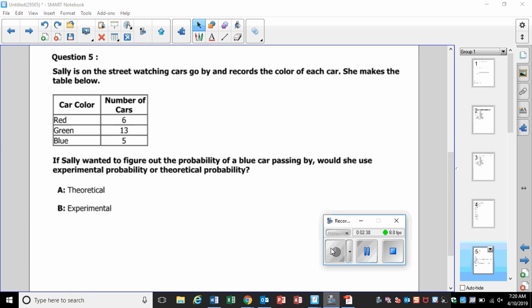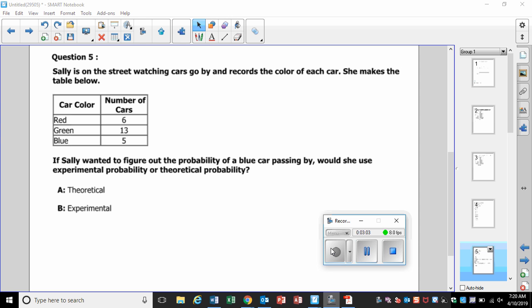Question 5. Sally is on the street watching cars go by and records the color of each car. She makes the table below. Car color, number of cars. Red cars, 6. Green cars, 13.